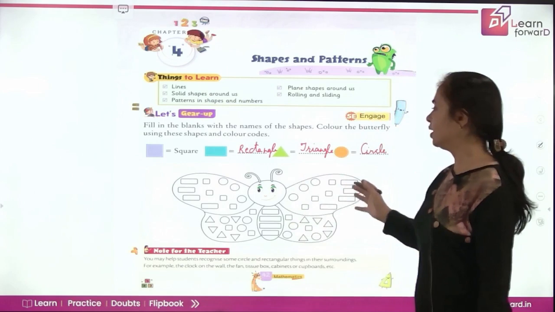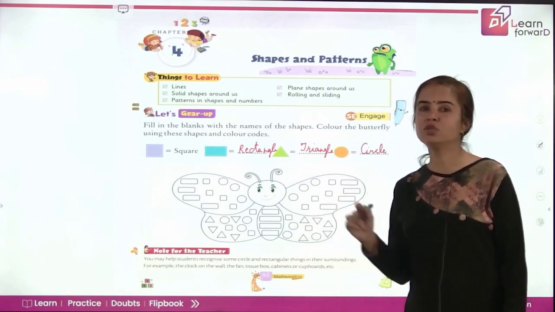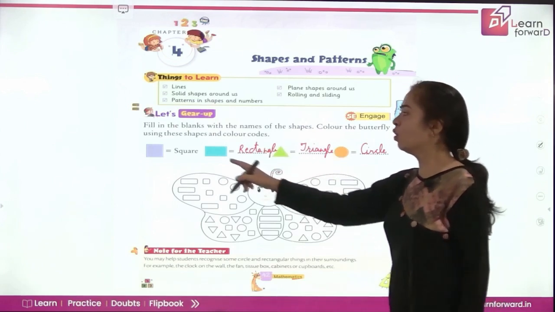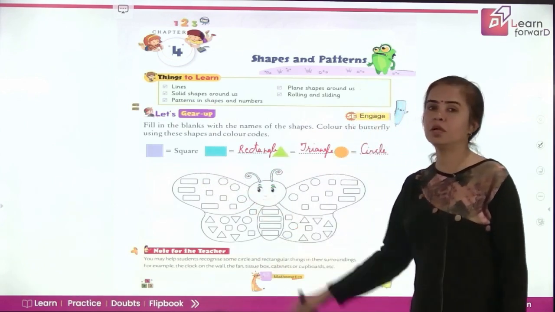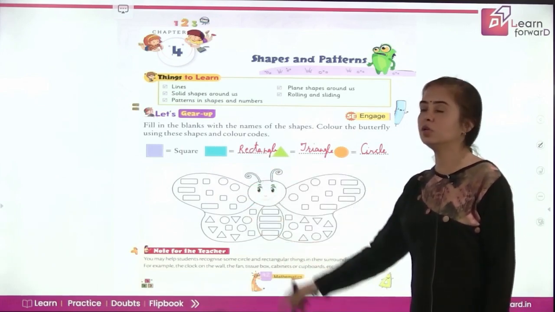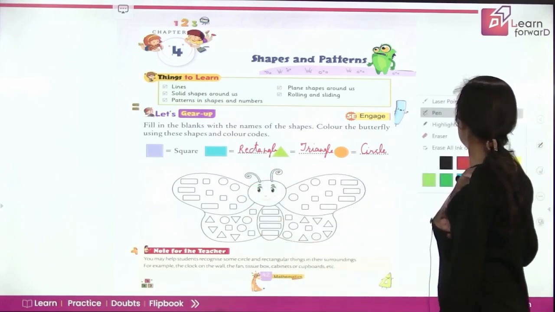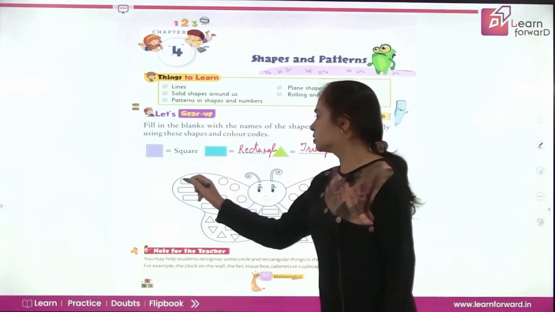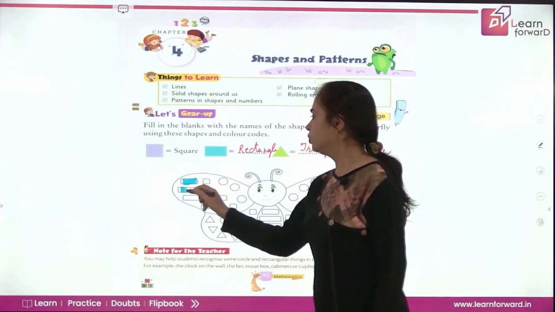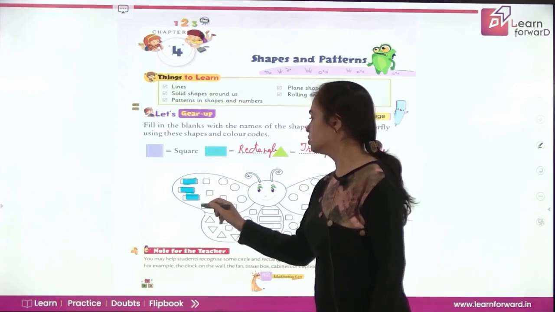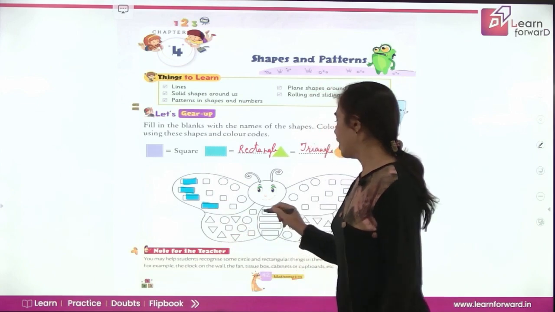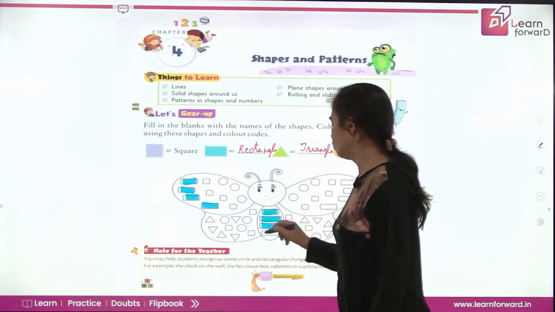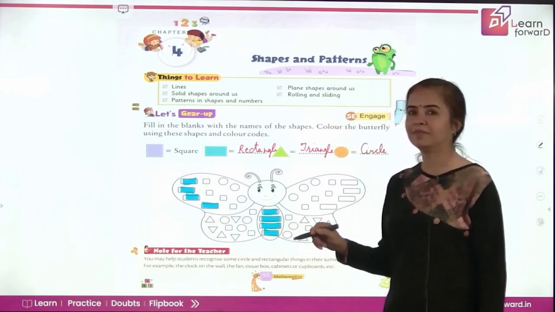So now here you have a butterfly and you have to add colors to it. The colors are already given to you. So for all the squares, you will be putting purple color. For all the rectangles, you will be coloring them in sky blue color. Let's color this. This is sky blue. You'll be coloring all the rectangles to make the butterfly beautiful. And I am sure you will be coloring them perfectly, not like me, right?